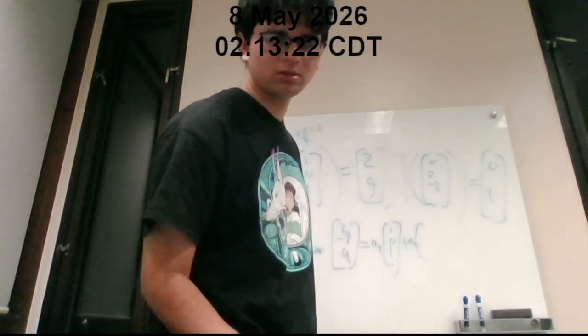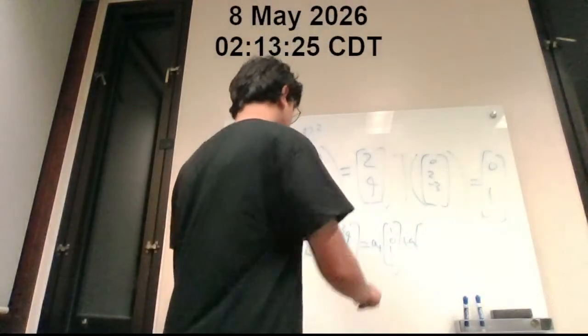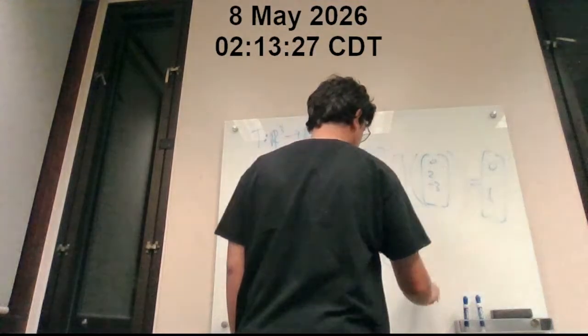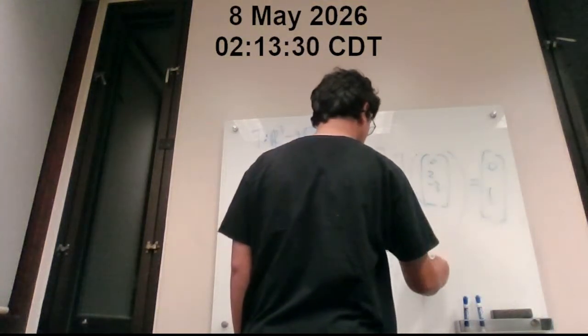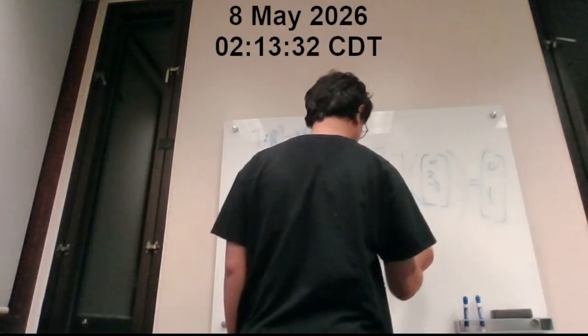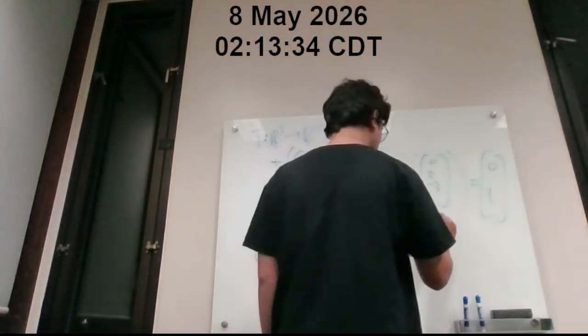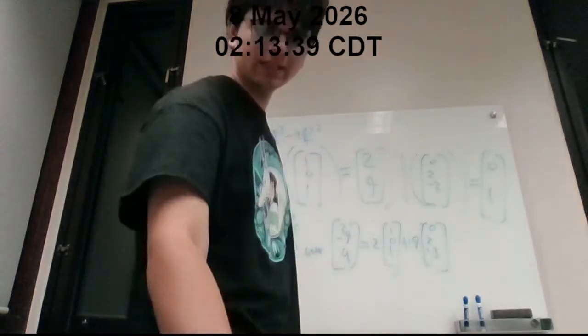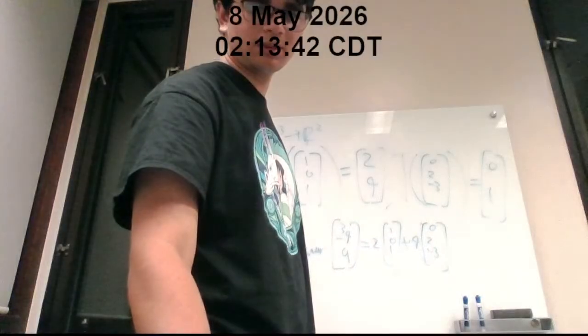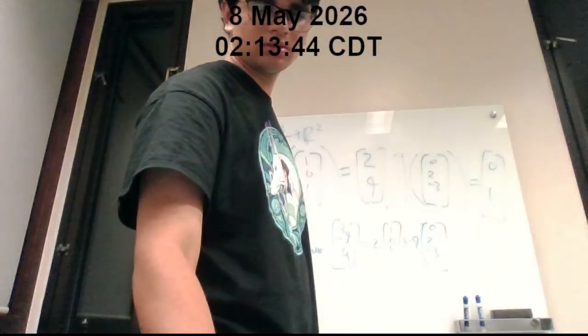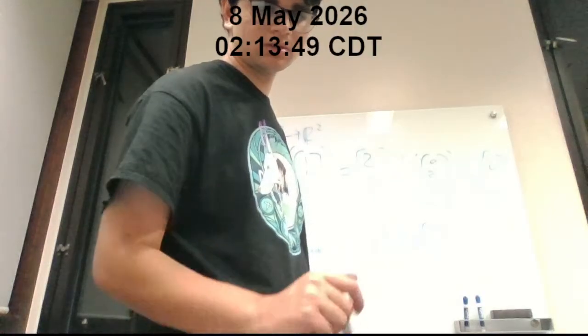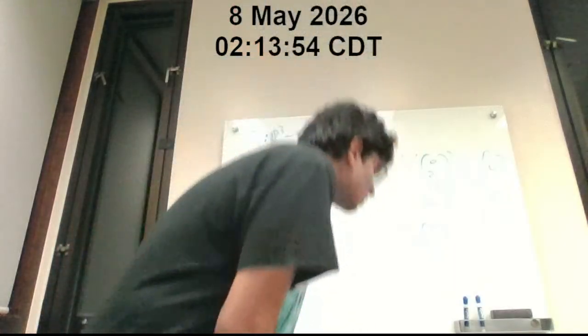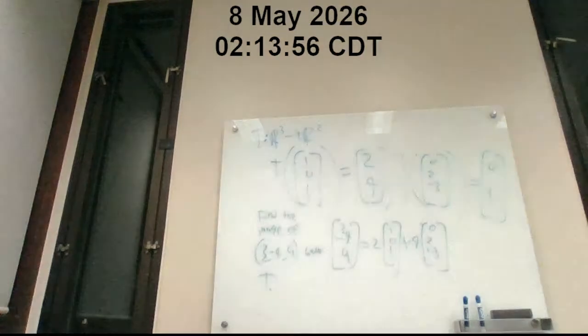Oh wait, no. You already have set numbers. Hold up. It's 2 and 4. So this is 2, this is 4. So you confirm that this is (0, 2, -3). Wait, 3 minus 2? Why would it be 3 minus 2? I'm getting so tired, bro.